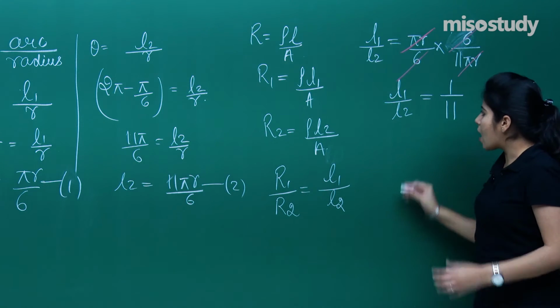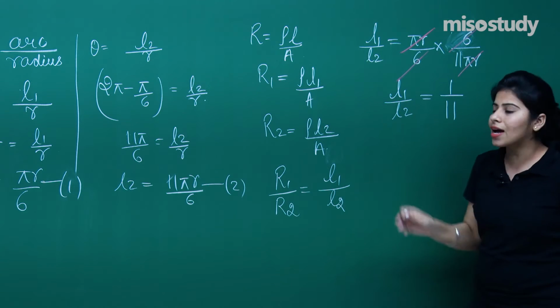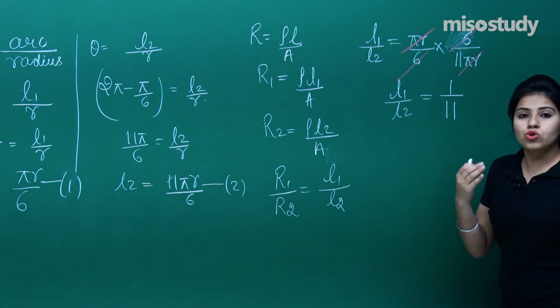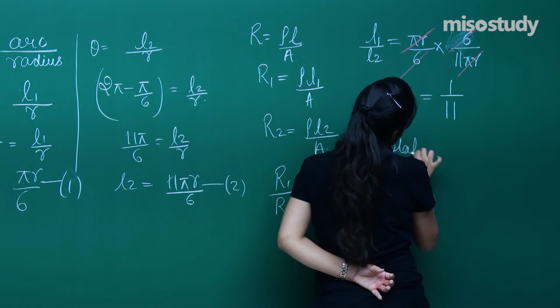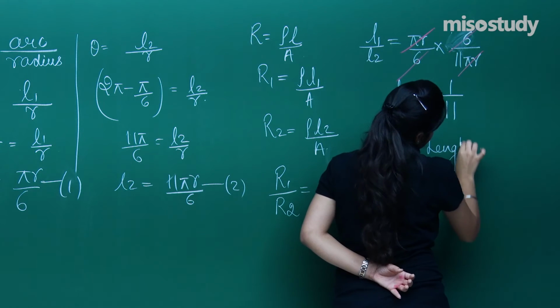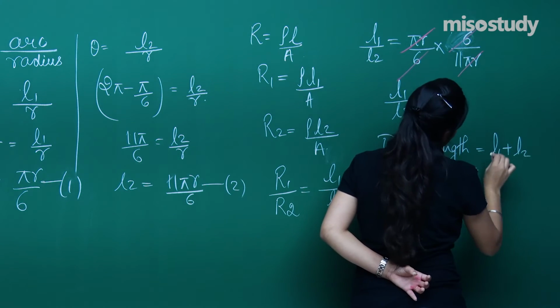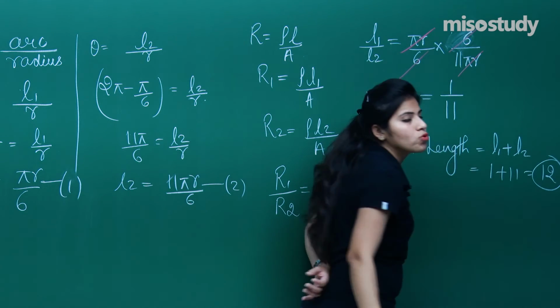Because you are having L1 upon L2 as 1 by 11, you can definitely say that L1 will be 1 and L2 will be 11. So the total length will be L1 plus L2, that means 1 plus 11, or you can say the total length is 12.